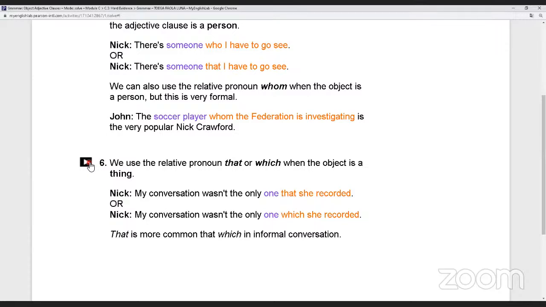Okay, so we're gonna use which when the object is a thing. My conversation wasn't the only one, right? I'm talking about one or my conversation. So as it is a thing, we're using the relative pronoun which, right? Because it's a little bit more formal.